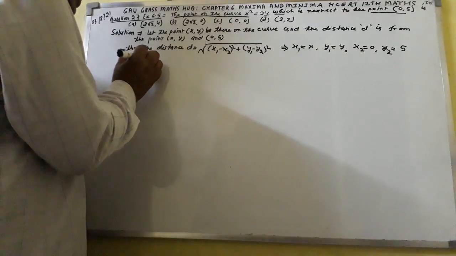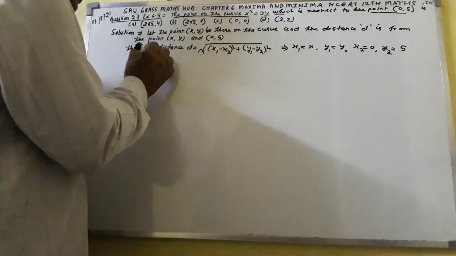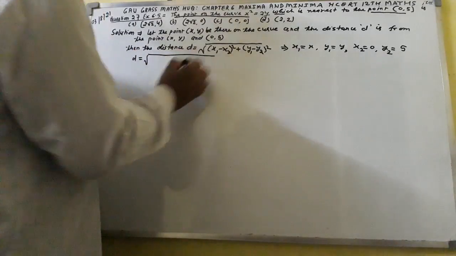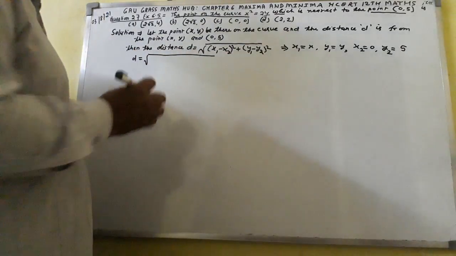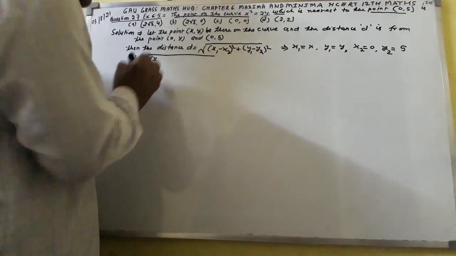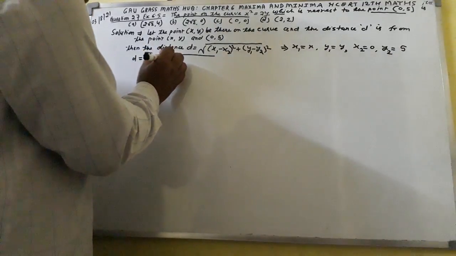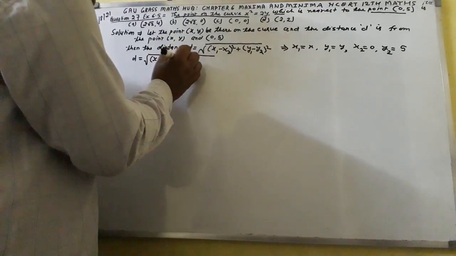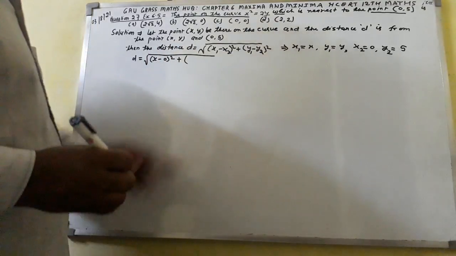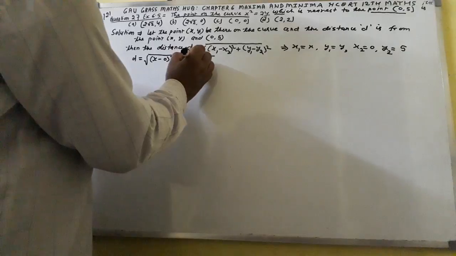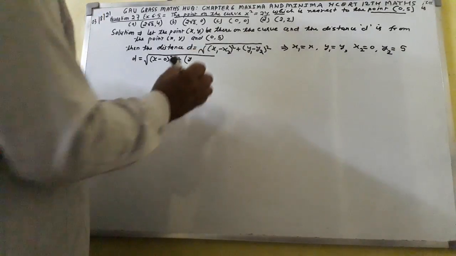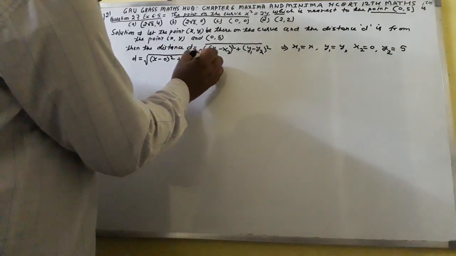Next here I shall write small d is equal to under root. Put the value. In place of x1 I shall write x minus, in place of x2 I shall write 0, (x minus 0) whole square plus, in place of y1 I shall write y, y2 I shall write 5, whole square.